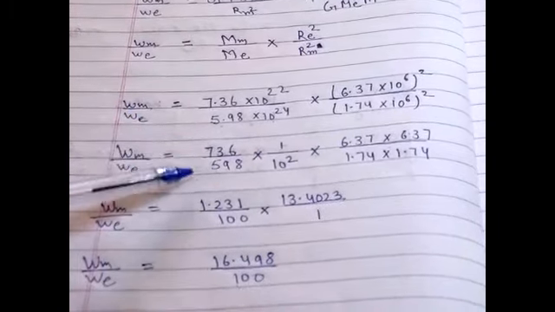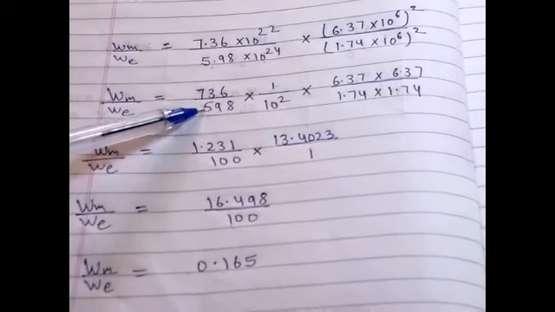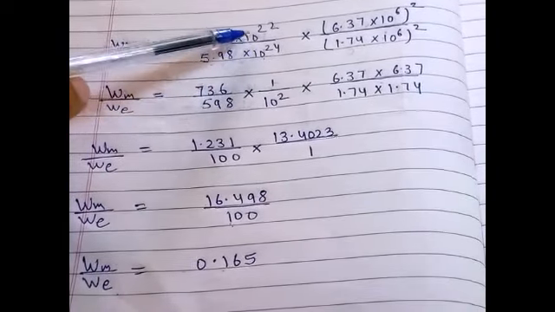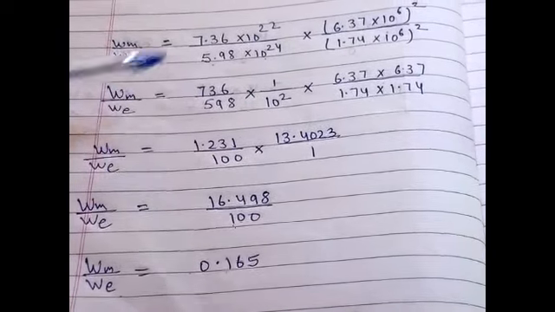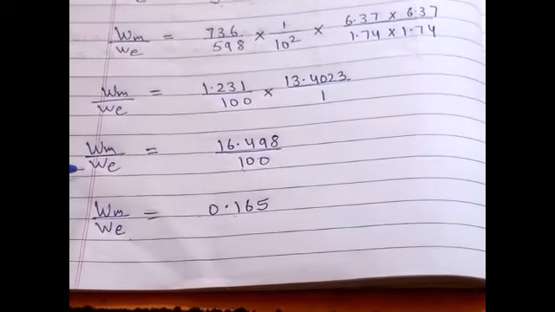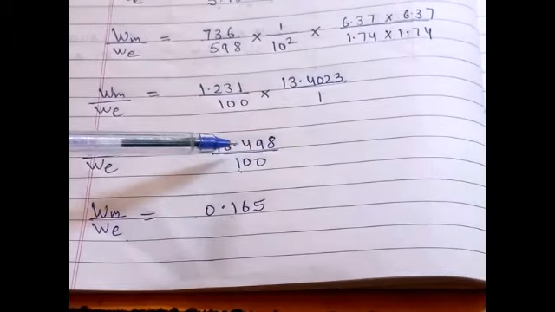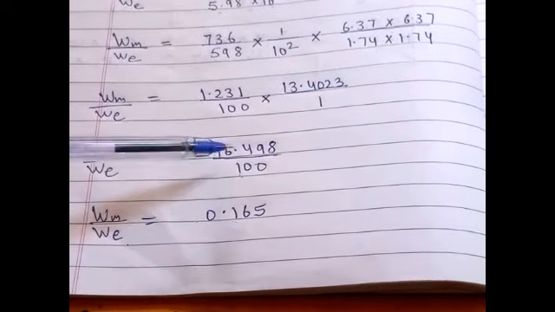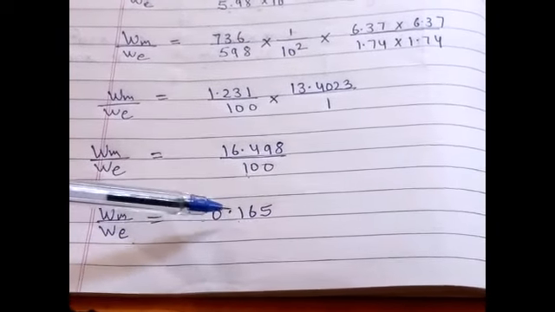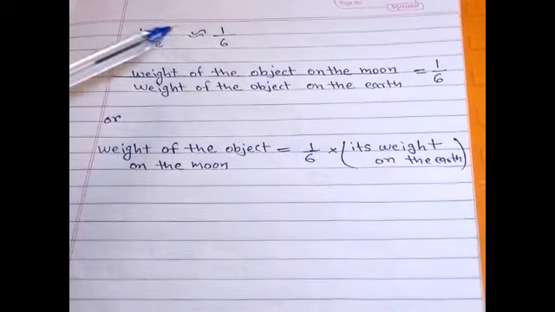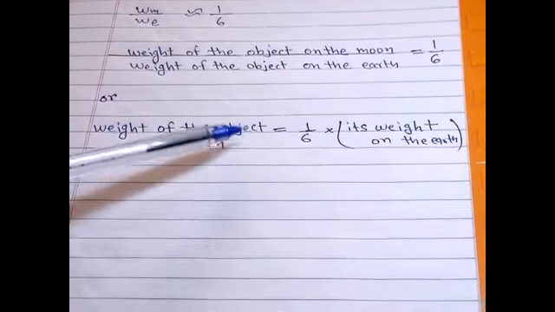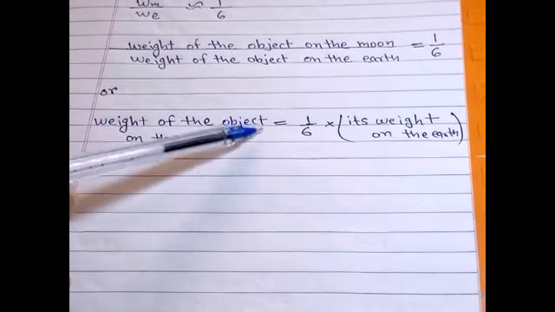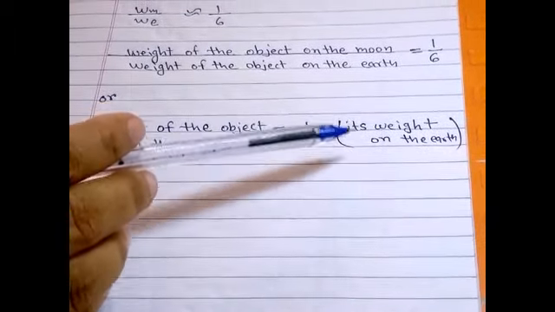After solving this, when we cancel the powers of 10, we'll have this, and at last when we solve this whole part, we'll get Wm upon We is equal to 16.498 divided by 100, and by solving it we'll get 0.165, which is approximately 1/6. Or we can write that the weight of the object on the moon is equal to 1/6 of its weight on the earth.